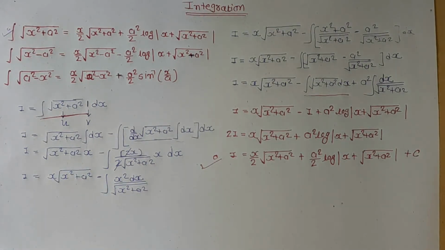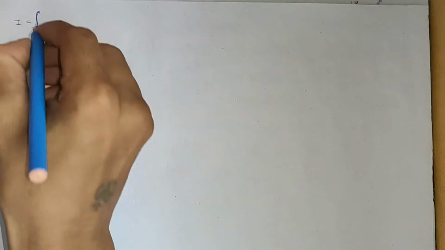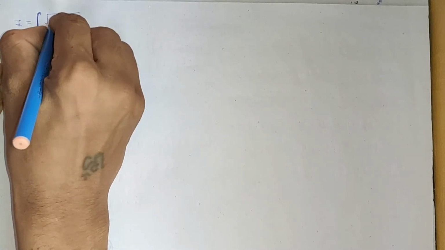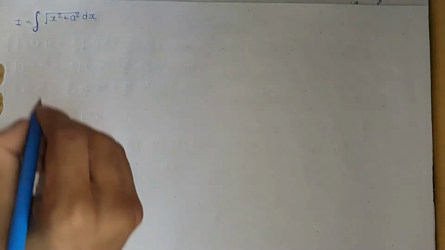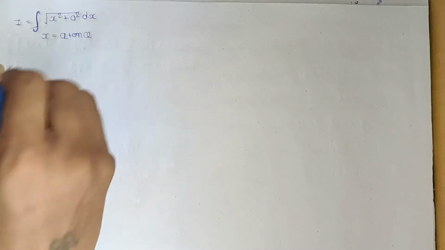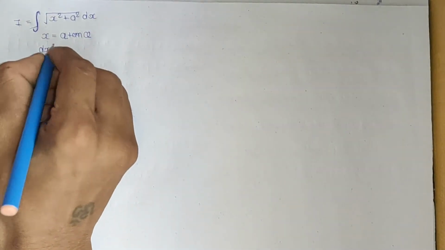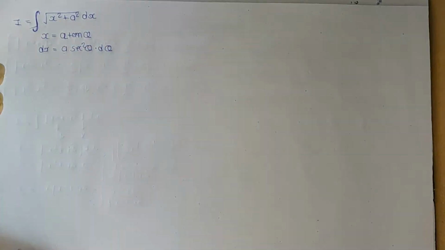Okay, now we derive this same formula using trigonometric substitution. Okay, let's say our I equals integration of square root x square plus a square dx. Okay, we will take x equal to a tan theta, and dx is a sec square theta d theta.